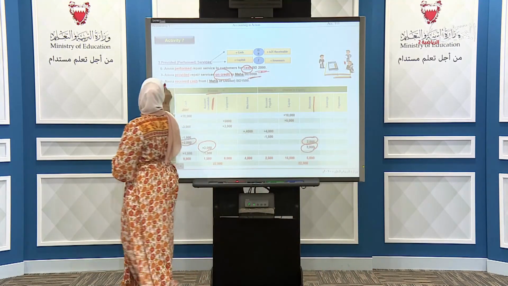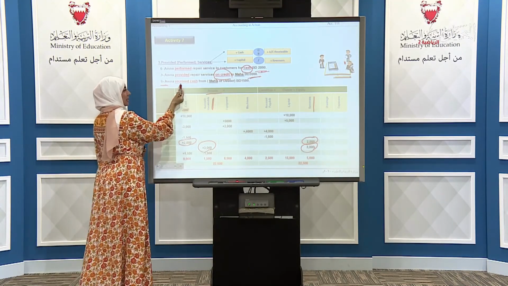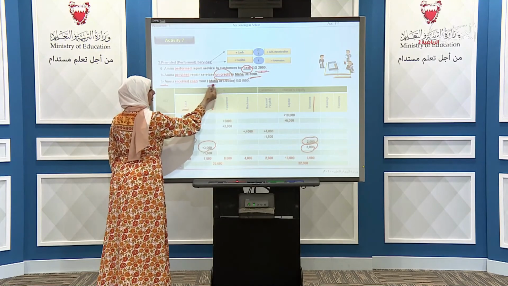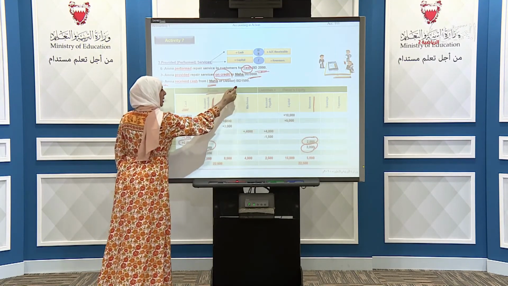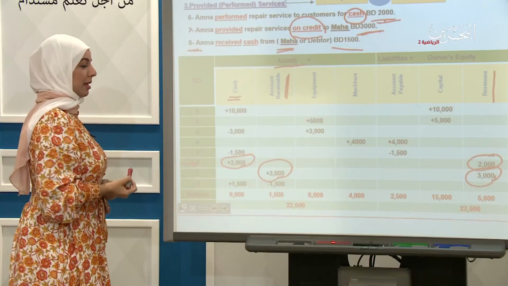Moving to the last transaction in this section, Amna received cash from Maha in the amount of 1,500. In transaction 7, I provided service to Maha, but I didn't receive the amount. Now, in this transaction, I actually received the amount.